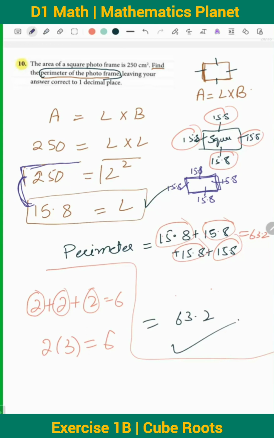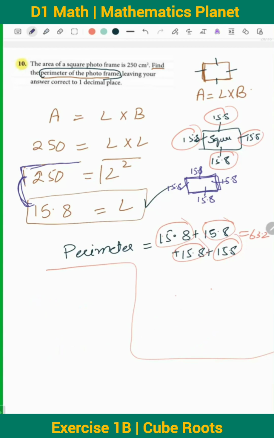In the calculator question, we first find out the number, then we add it 4 times, and then you get the answer.